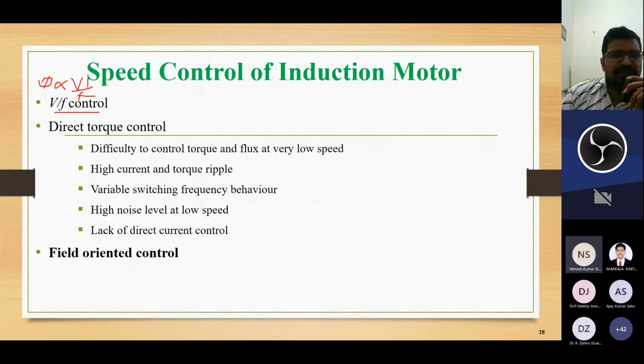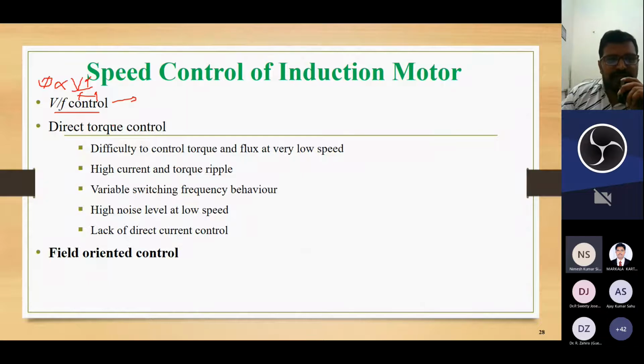If you increase the voltage, we have to increase the frequency in such a way that the flux of the induction motor is maintained constant. This is also called scalar control.